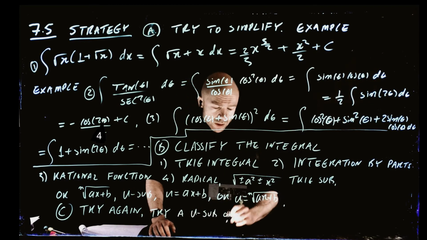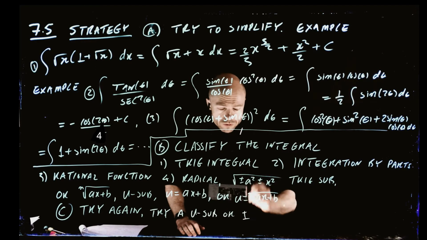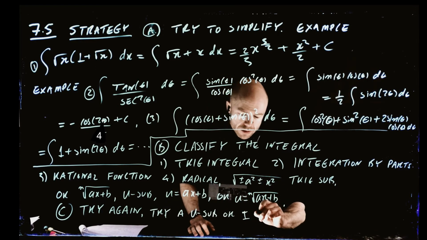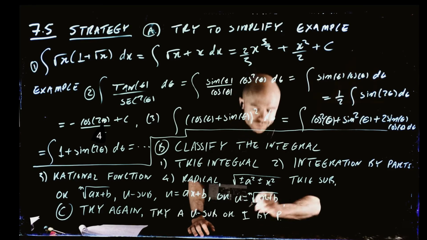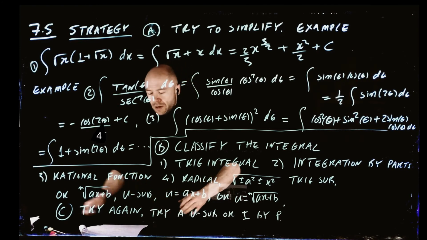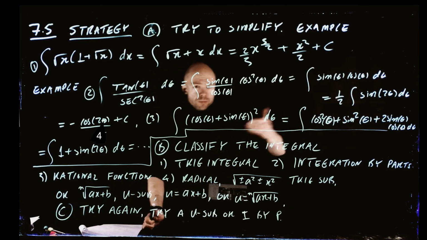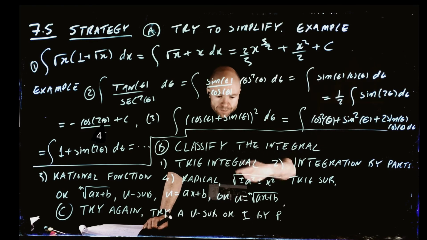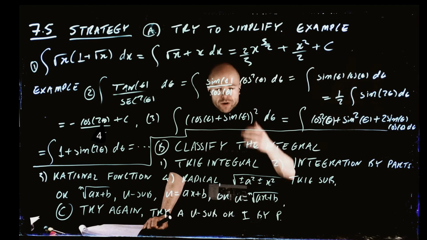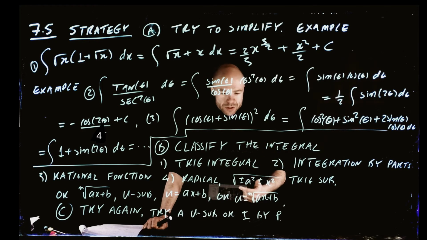Or try an integration by parts, which I'm going to write as I by P, and then it turns into a form you can understand, hopefully something you can actually approach and make progress with.